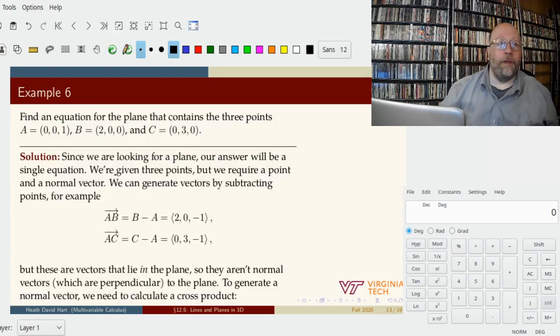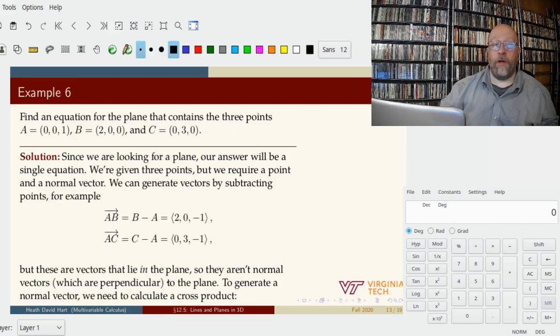All right. So we're looking for a plane. Our answer will be a single equation. We're given 3 points, but we require a point and a normal vector. We can generate vectors by subtracting. In my example, I used BC. In this solution, I'm using AC. These are vectors that lie in the plane, so they're not normal vectors.